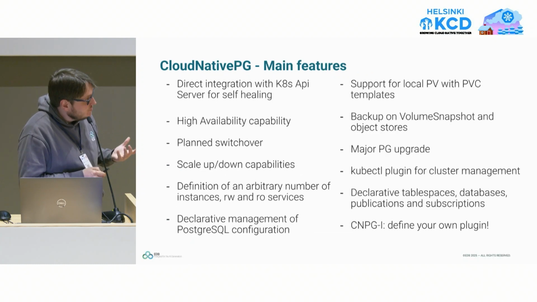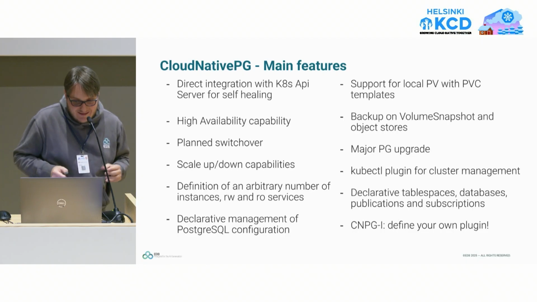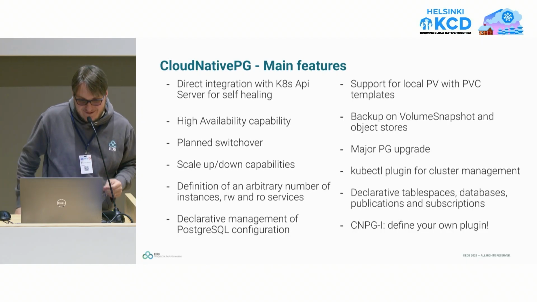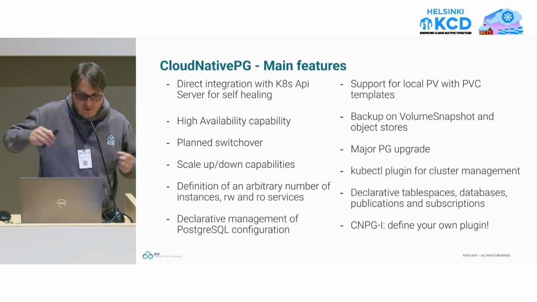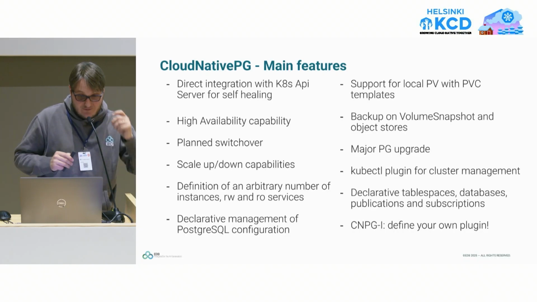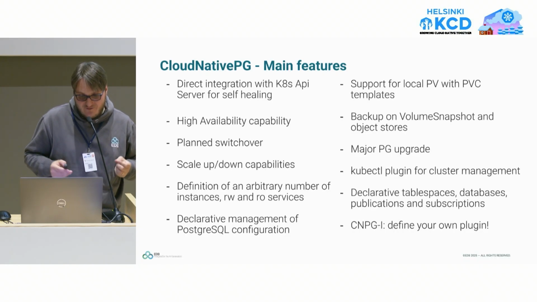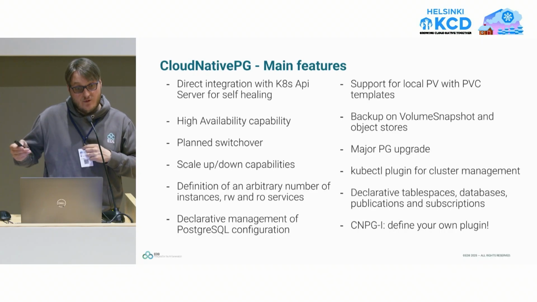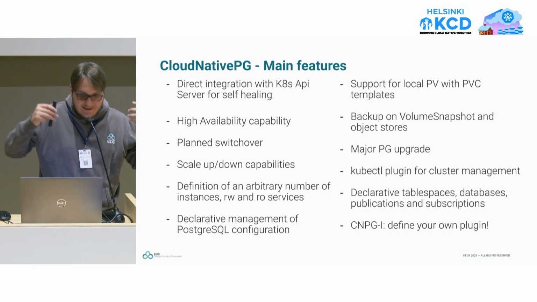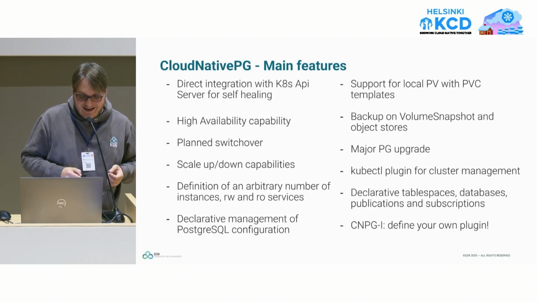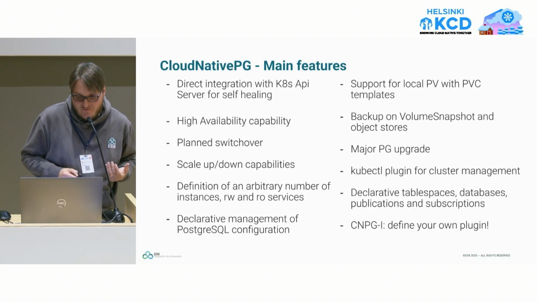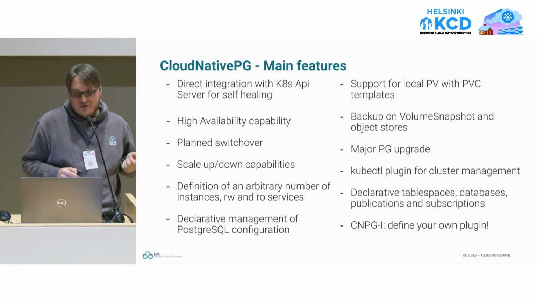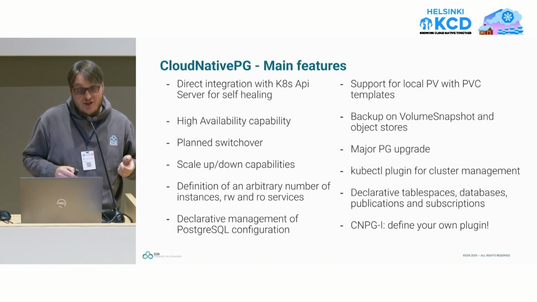This is a short list of some of the main features of the CloudNativePG operator. You can scale up and down. You have self-healing for failover or even switchover. You can declaratively manage the PostgreSQL configuration, but we also enforce declarative tablespaces, databases, and publication and subscription.